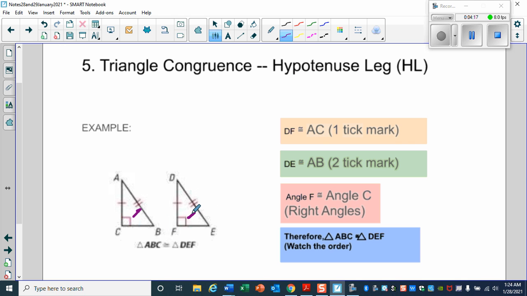The hypotenuse of the first triangle is congruent to the hypotenuse of the second, and there's at least one leg congruent to the corresponding leg on the other. Then your two triangles will be congruent. But this is the only time you have to have a right triangle, in order to have hypotenuse, leg, and a right angle.